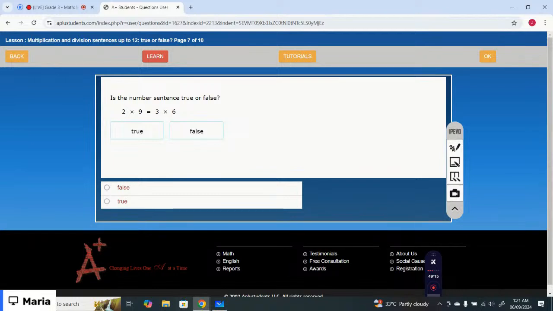The correct option is true it is, right? 2 times 9 is 18 and 3 times 6 is 18. So true it is. Option number 2 is the correct option.